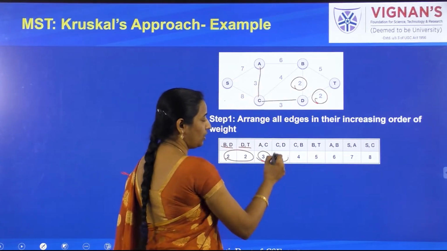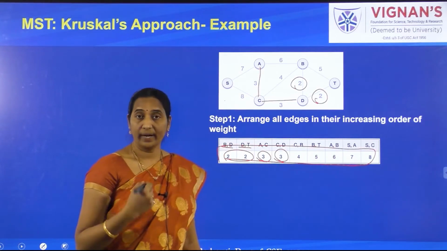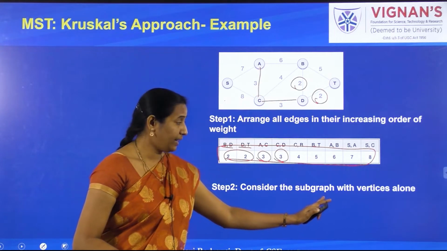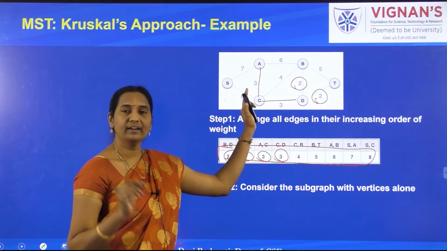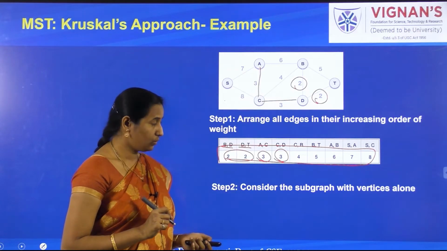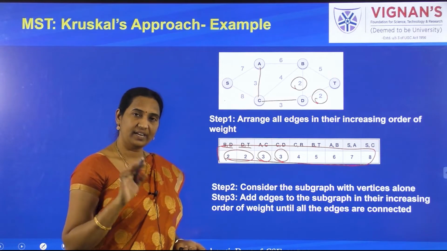Like that, I sorted all the edges as per their weights in ascending order. Now you need to consider the subgraph with all the vertices and vertices alone. You need not include any of the edges from the original graph. And now you need to add the edges one by one such that there are no cycles.